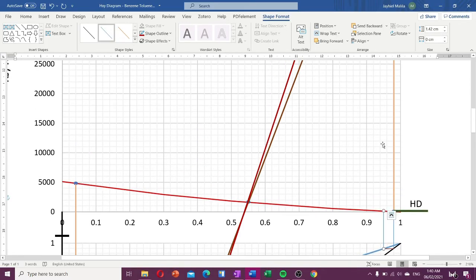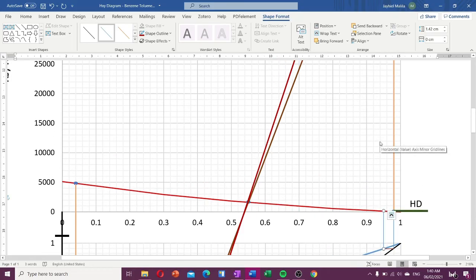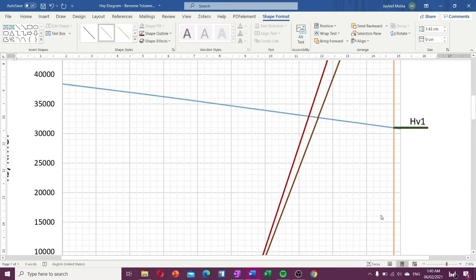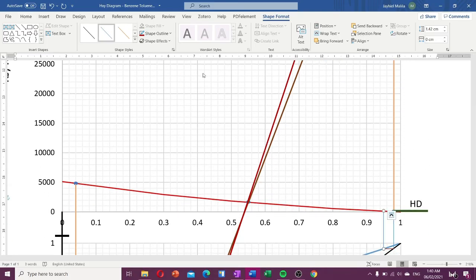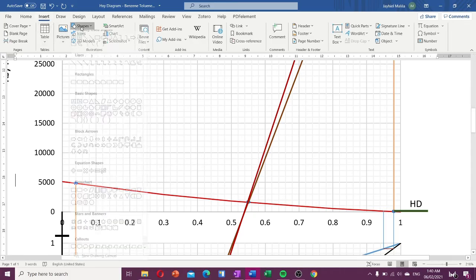So the liquid phase composition that exited the first stage, X1, is around 0.95. That's what it meant here. So to make a tie line, what we are going to do is, again, connect.